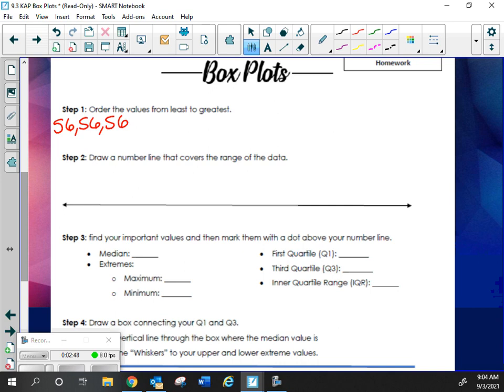We might need to write a little small for us all to fit in there. And then 1 person at 57. We had 4 59s. We had 3 60s. We had 1 61 and 1 62.